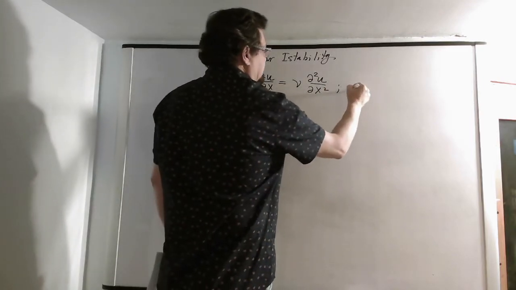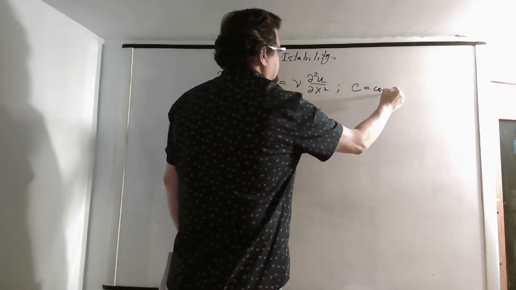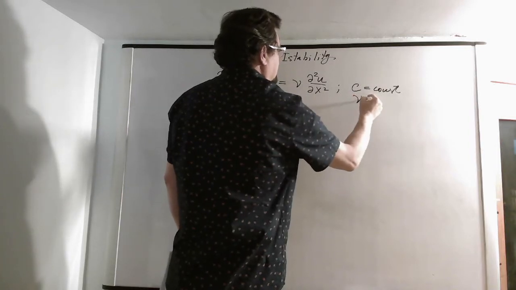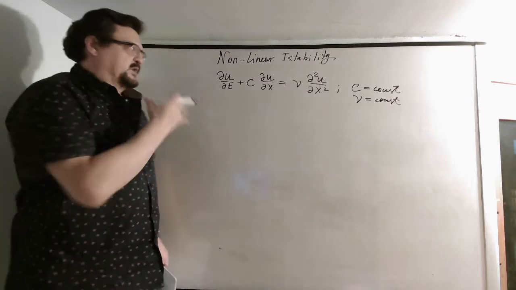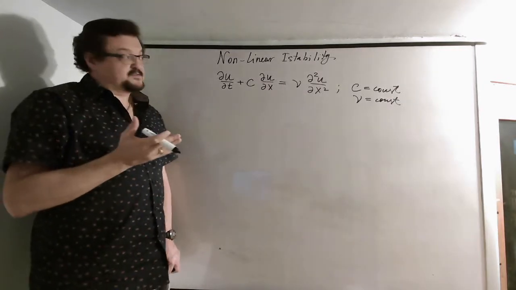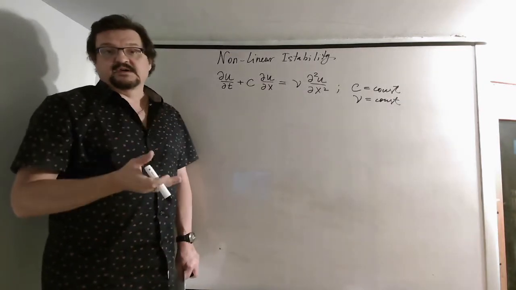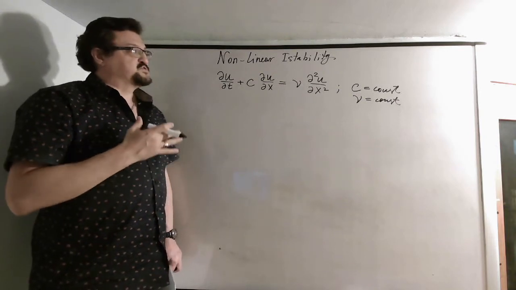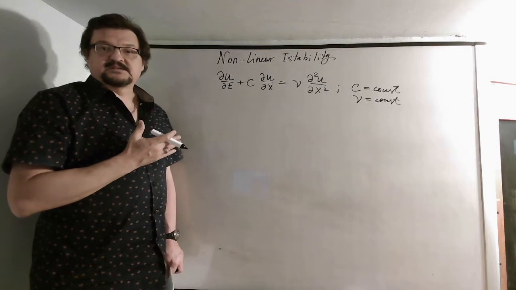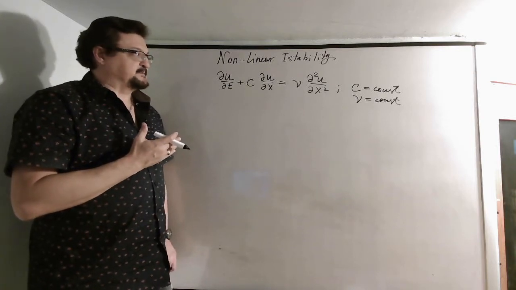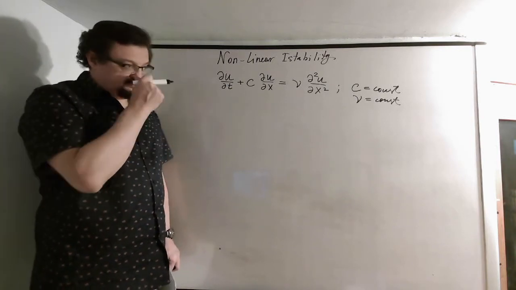where we assume that c is some constant and nu is constant, and then we approximated derivatives with some finite difference form, and then used the von Neumann method to show stability of that particular finite difference representation of this differential equation.